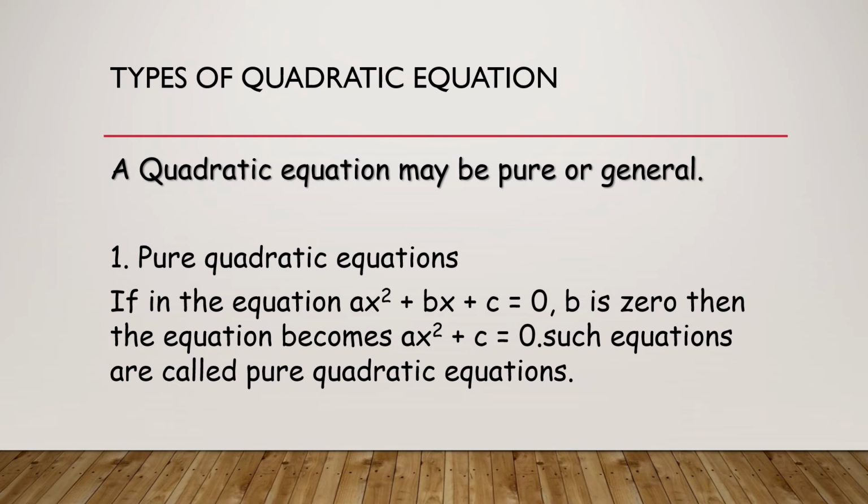If in that equation the constant b is 0, then the equation automatically becomes ax² + c = 0. Such an equation in which b is 0, or the linear term is not present, is called a pure quadratic equation.